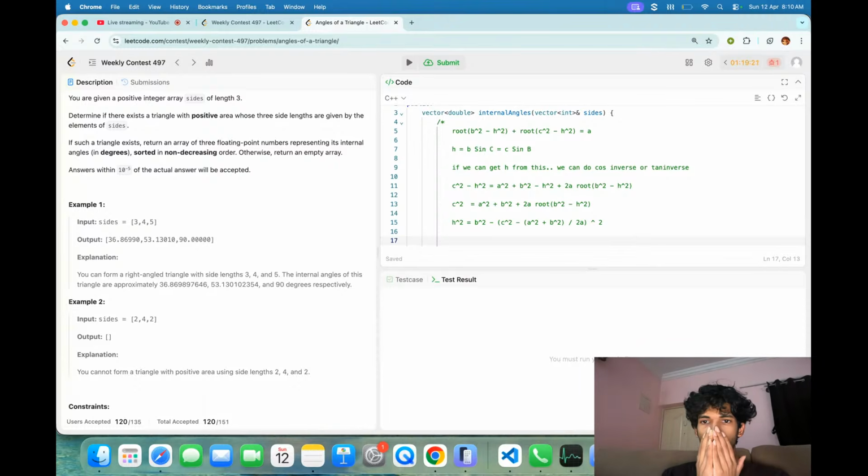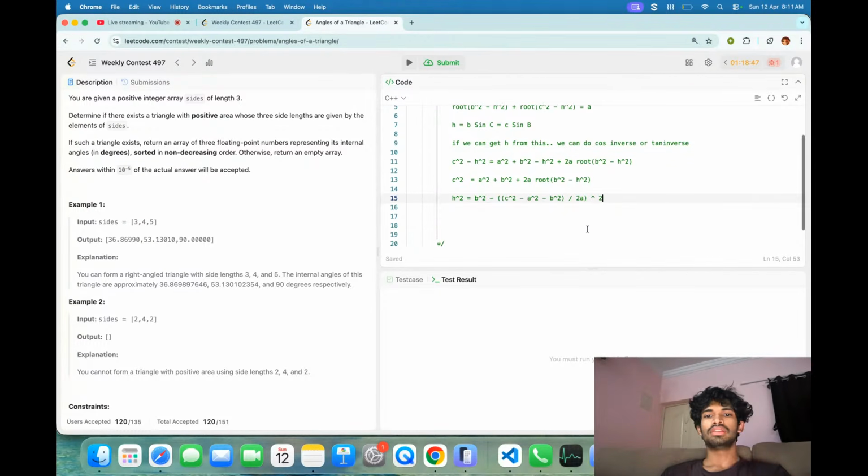Wait. Why is it by 2a? Yeah, it is by 2a because I moved these things that side. Let me put it clearly. By 2a whole square equals b square minus h square. So we get h and then we get sine. And then we are done.